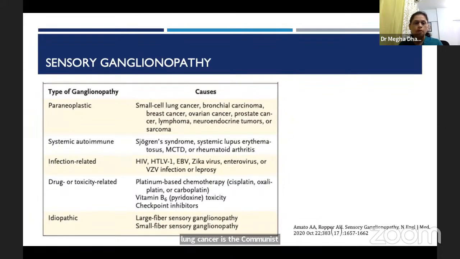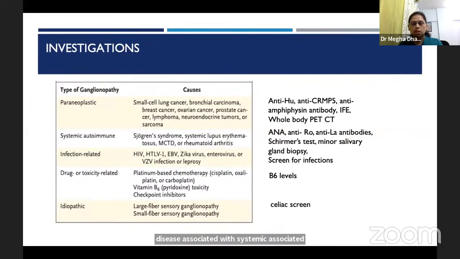Sjogren's syndrome is the commonest rheumatological disease associated with sensory neuronopathy. So the etiological workup includes an autoimmune workup and paraneoplastic workup. Patients need a whole body PET scan for a malignancy screen, B6 levels, and a celiac screen in idiopathic cases.